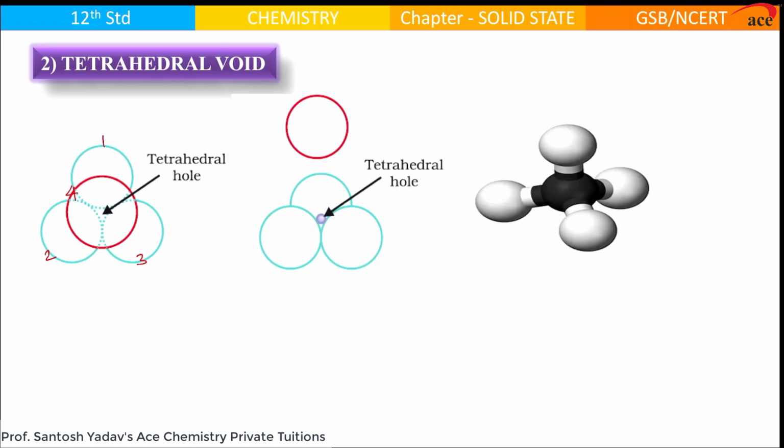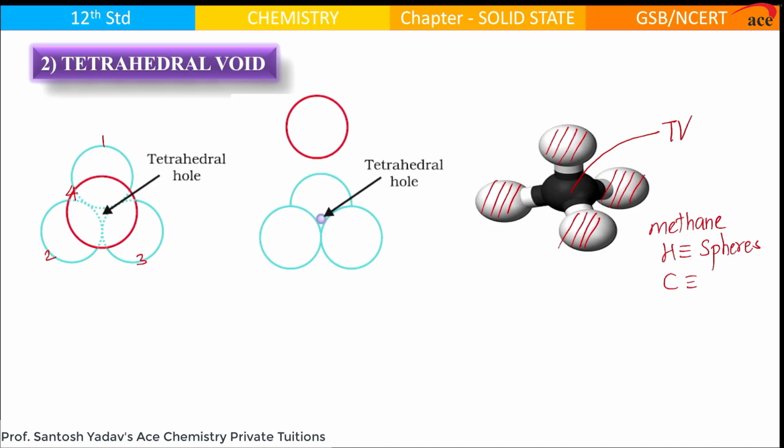Now, how to imagine a tetrahedral void? Imagine these are the spheres, and imagine they are brought closer. What you see is like the carbon of a methane, which can be considered a tetrahedral void. So, imagine methane, and in methane imagine hydrogen as spheres. Actually hydrogen is small, but you imagine big spheres, and carbon as another sphere which is exactly fitted as the tetrahedral void.